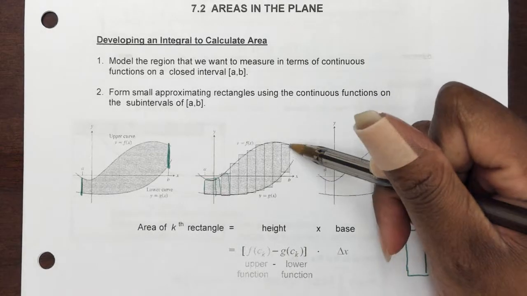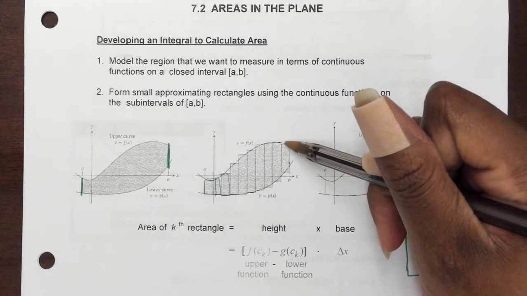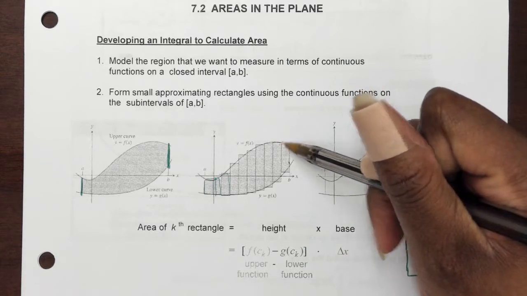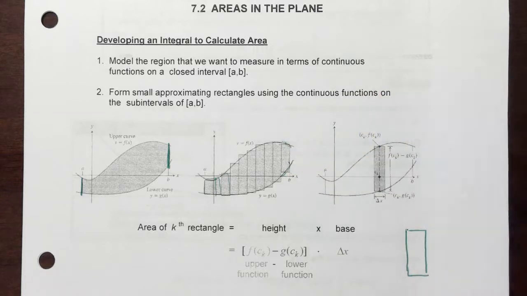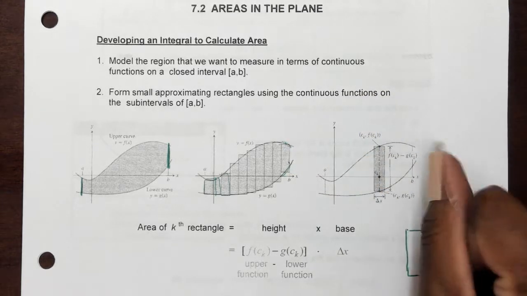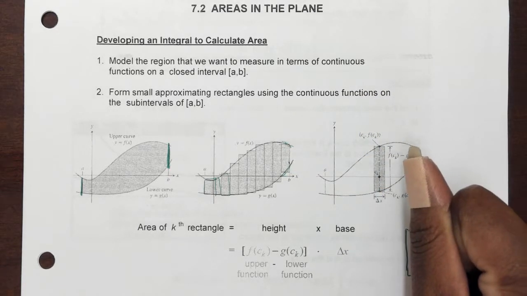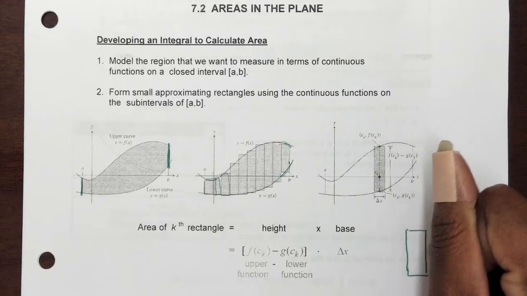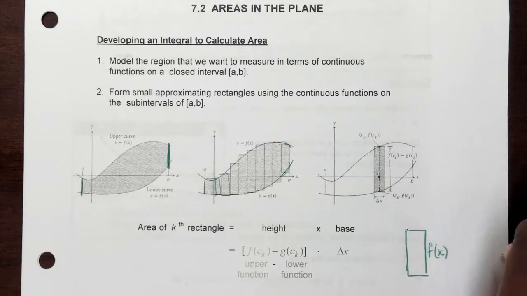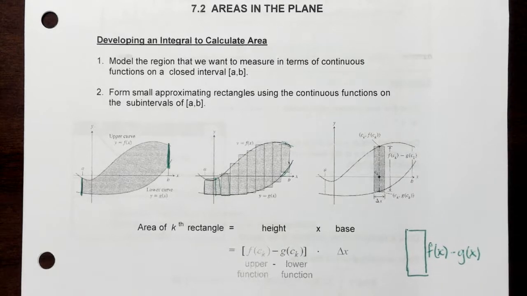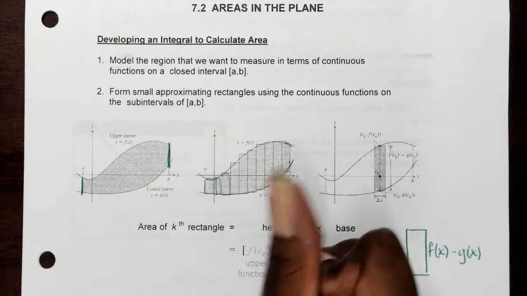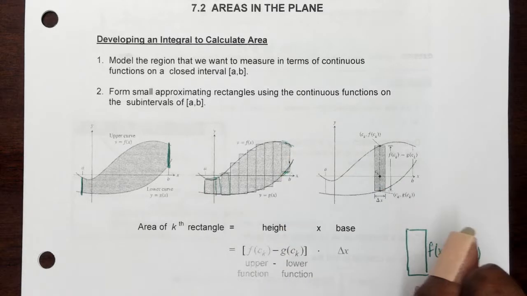The height of each rectangle would be the upper function minus the lower function at whatever point that is. So this is going to be the upper function, which is f, so we have f of x at some point minus g of x at some point. That's our height. And then our base is just whatever that change of x is.